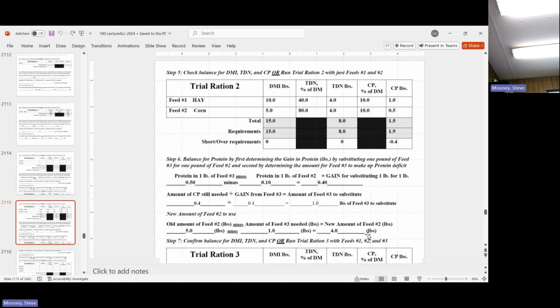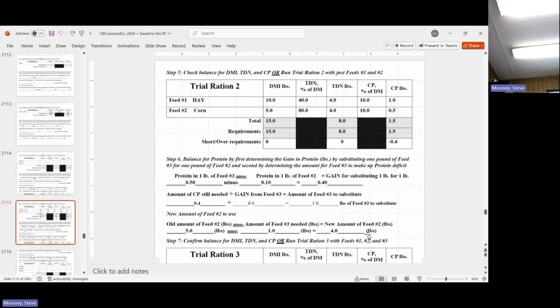How do we get the percent crude protein from step 2? How do we get this last column? You're going to multiply the dry matter pounds times the crude protein divided by 100.